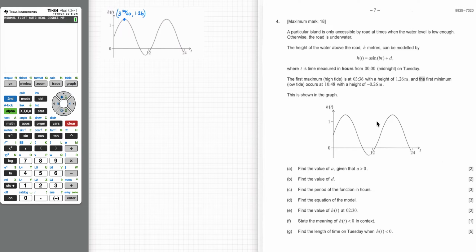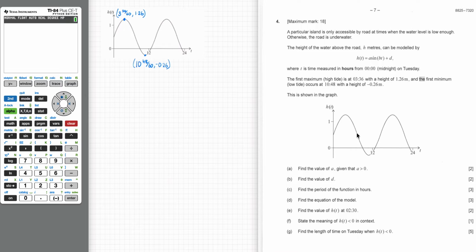We then have the low tide, which happens at 10 and 48 over 60 because it's at 10:48. And that tide is 0.26 meters. Okay.